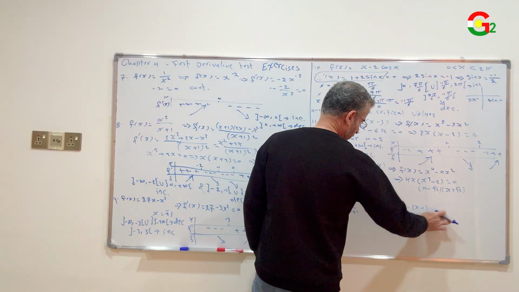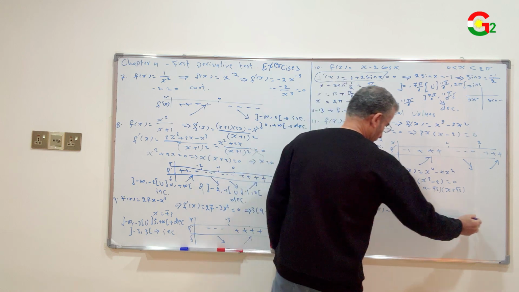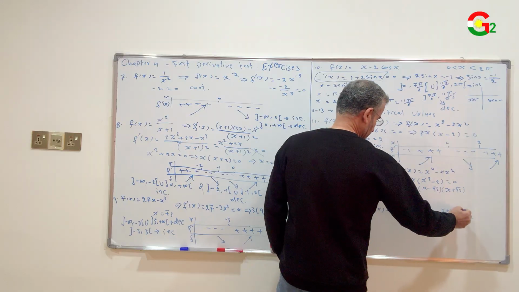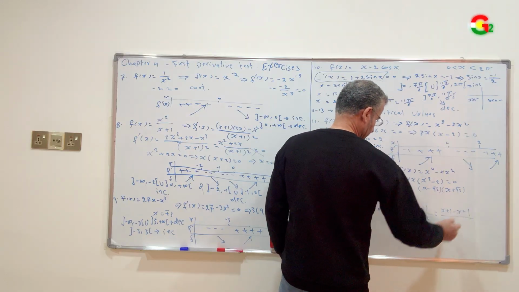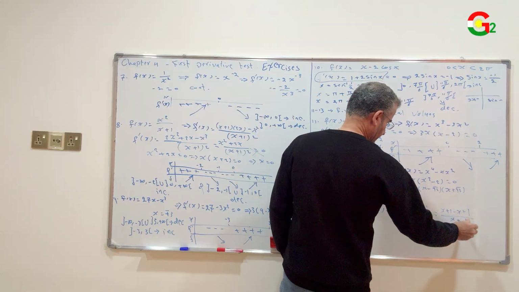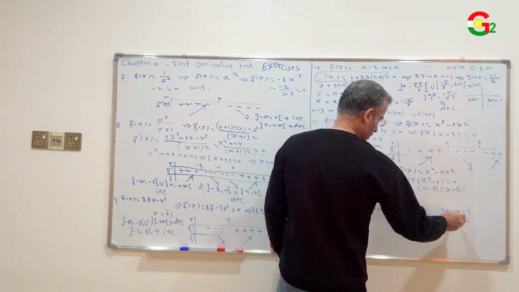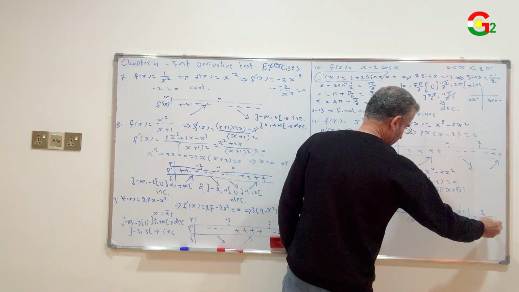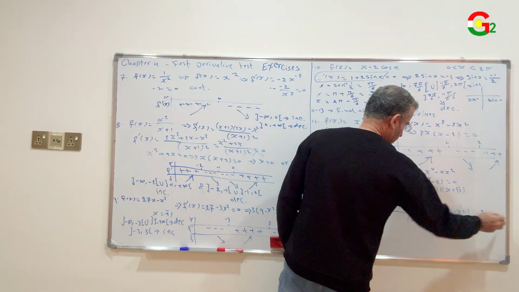Simplify: x plus 1 minus x plus 1 over x plus 1 power 2 equals 2 over x plus 1 power 2.